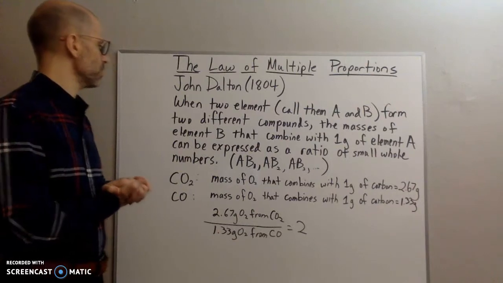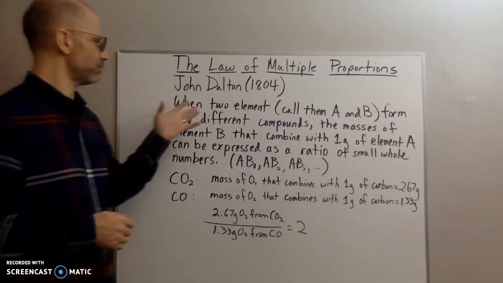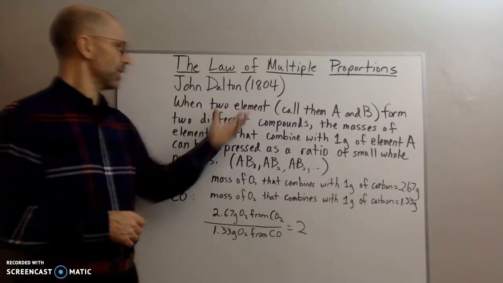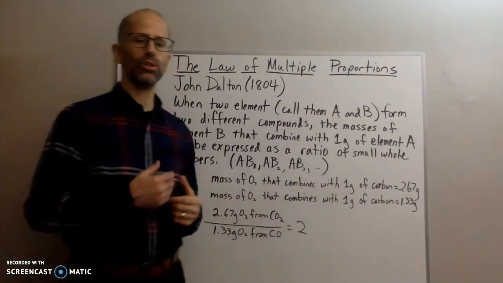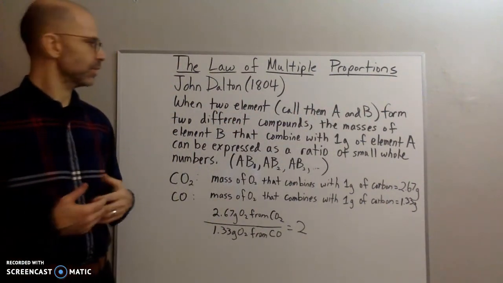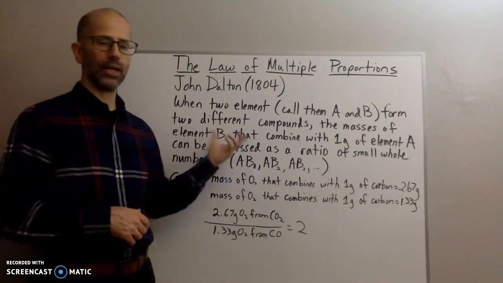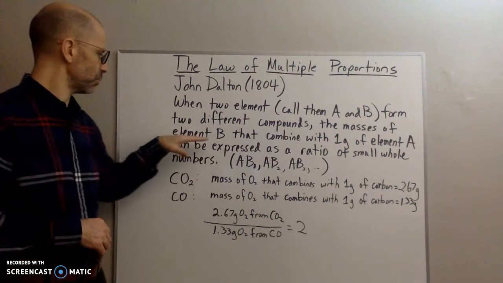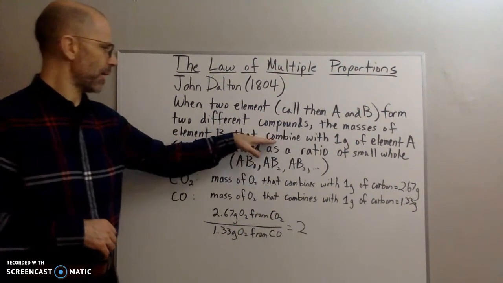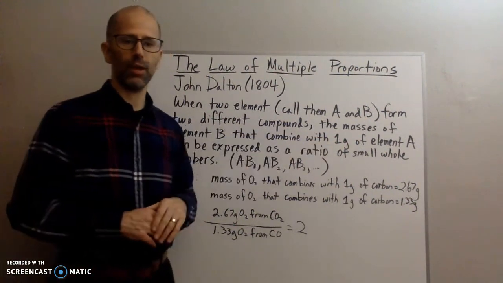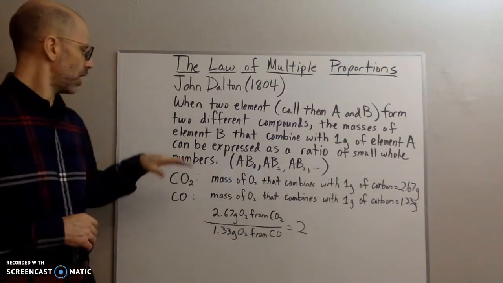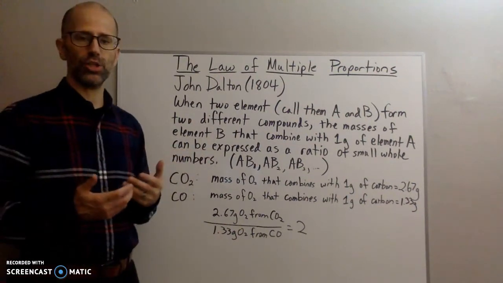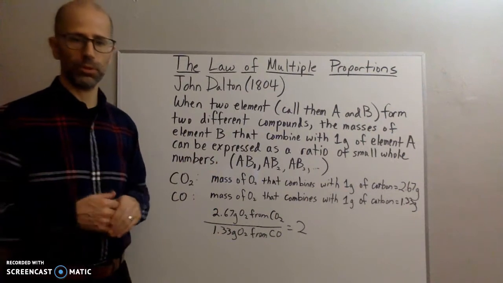Dalton basically said that when two elements, we'll call them A and B, combine to form two different compounds, the masses of element B that combine with 1 gram of element A can be expressed as a ratio in small whole numbers.